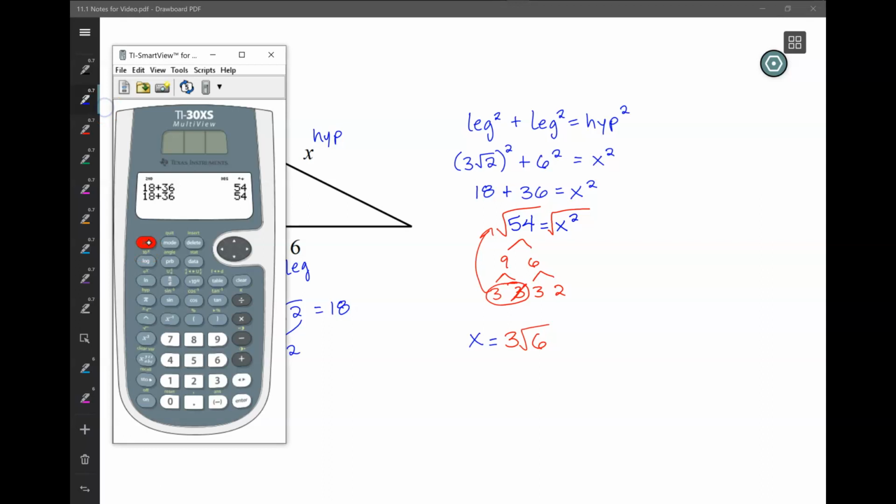And you can see here that is what you get. If we want a decimal version of that answer, it's about 7.35.